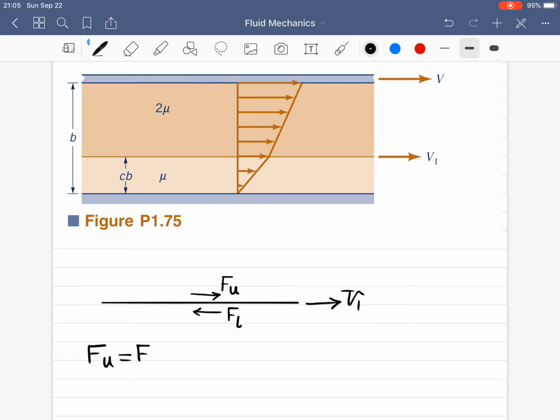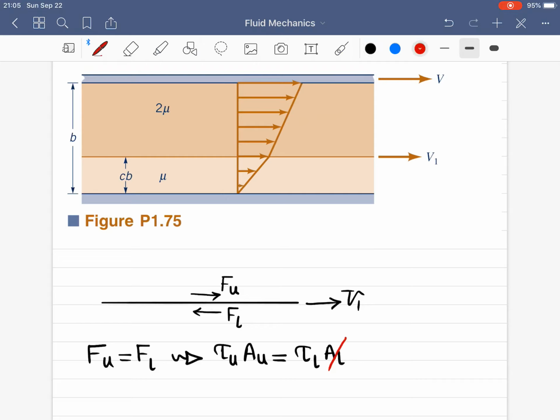So Fu is equal to Fl, where the forces are due to the shear stresses. So it would be the shear stress on the upper surface times the area that the shear stress is acting on, must be equal to the shear stress on the lower surface times the area.